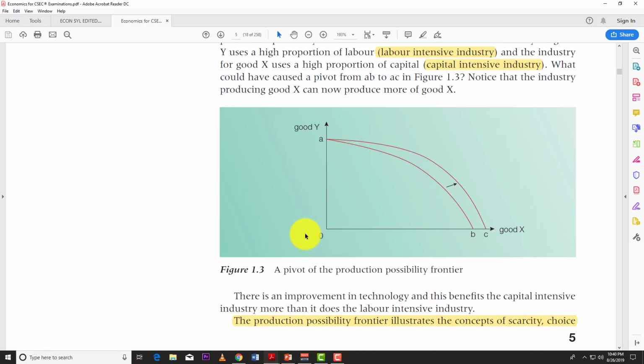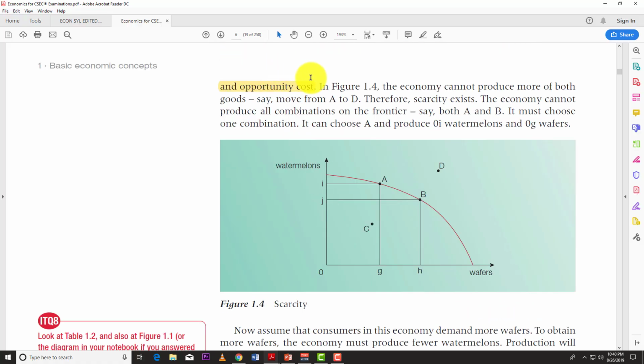Okay, let's go. The production possibility frontier illustrates the concepts of scarcity, choice, and opportunity cost. In figure 1.4, the economy cannot produce more of both goods, say move from A to D, as we looked at earlier. Anything out here shows that resources are limited and thus we have scarcity.